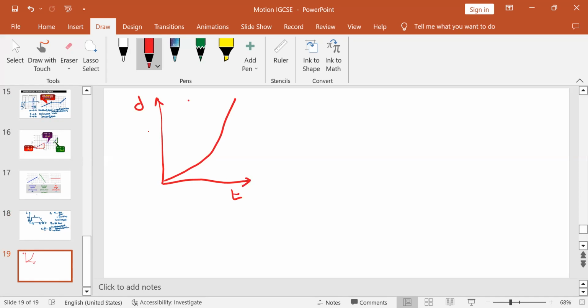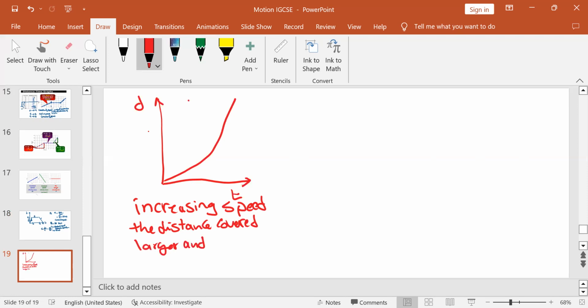So here, the body is increasing its speed, which means that the distance covered is getting larger and larger as time passes. Okay?